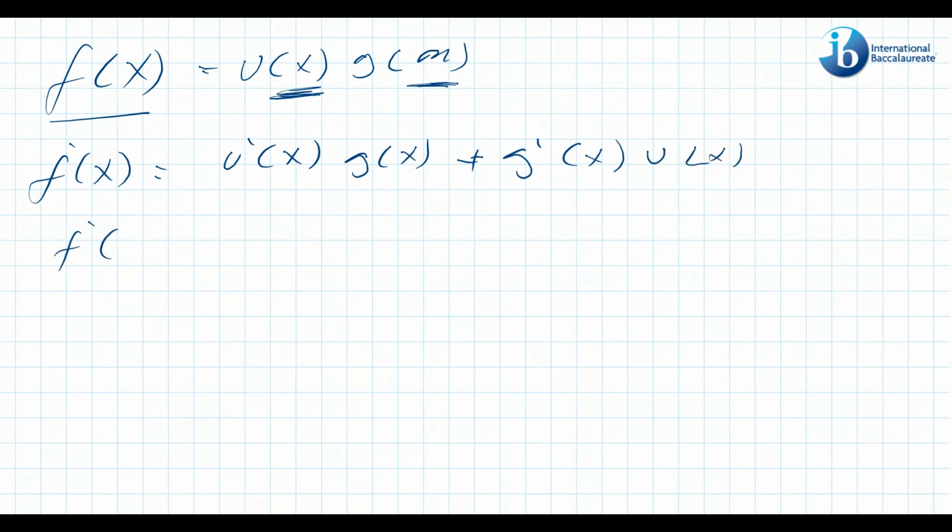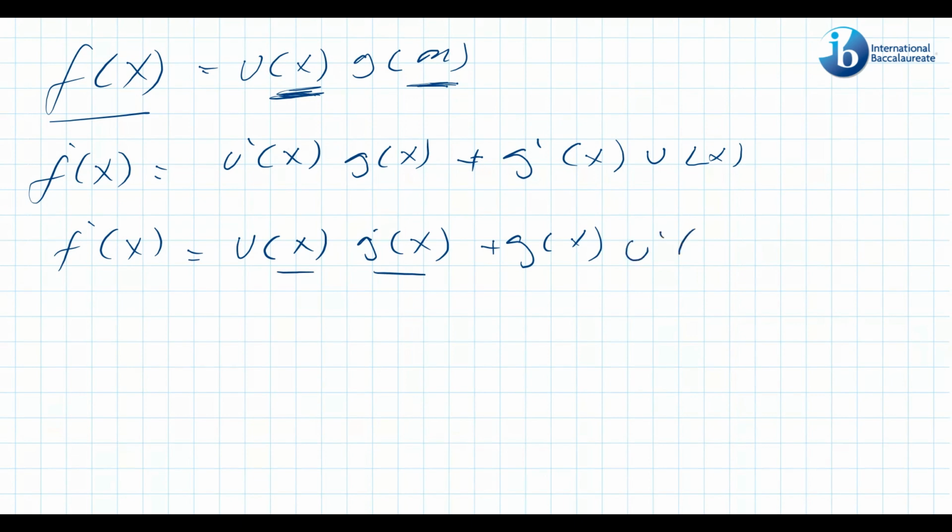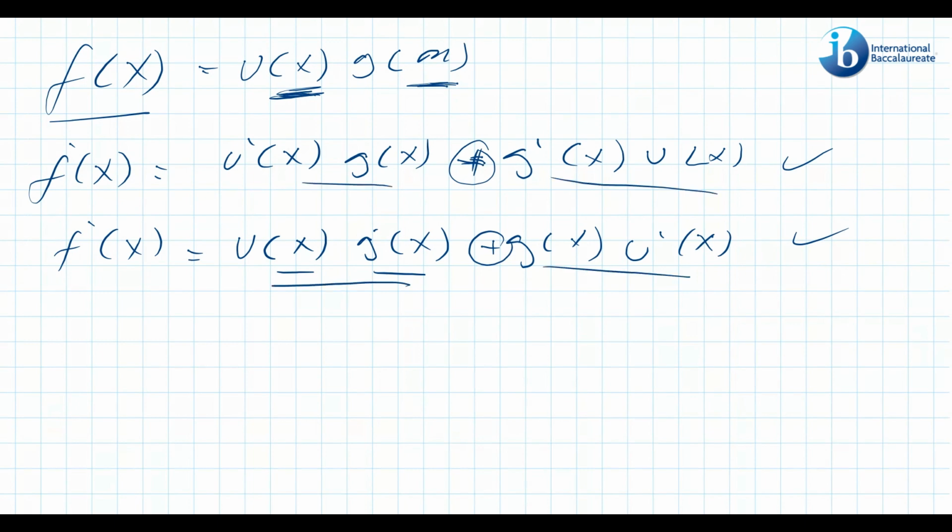F dash of x equals the first, as it is, by the derivative of the second, plus the second times the derivative of the first. This is right and this is right, because the addition process is commutative, right? Yeah. Then this part equals this one, and this one equals this one. This term equals this term, and this term equals this term.